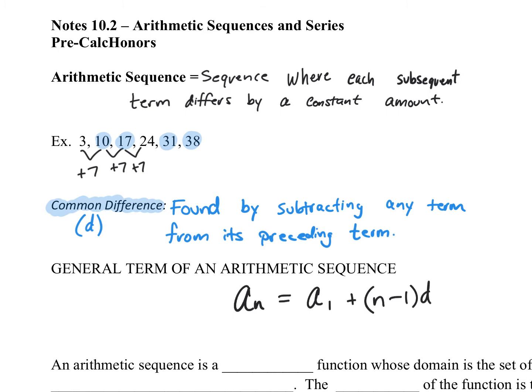So d is our common difference, the amount we add each time. If we start at the first term, we are going to add 1 less than the term we are on. So if I wanted to find the 24th term, I'm going to take my first term and add my common difference 23 times, n minus 1 times.